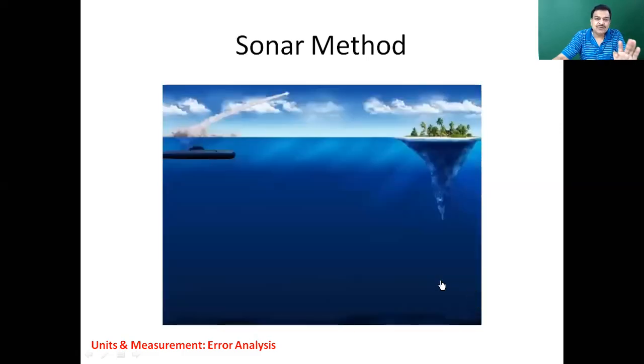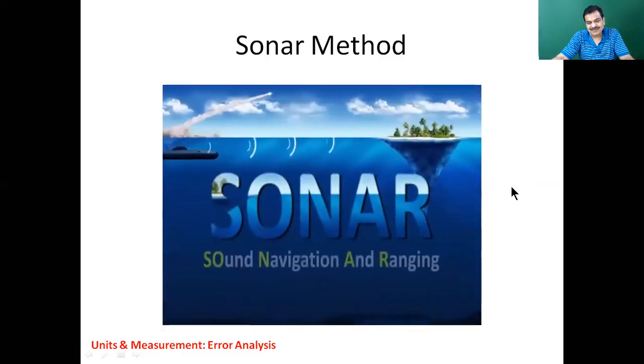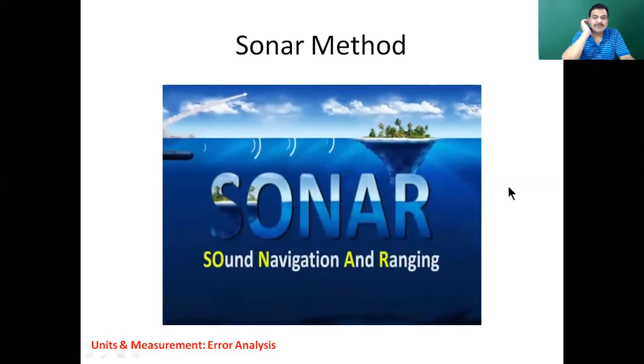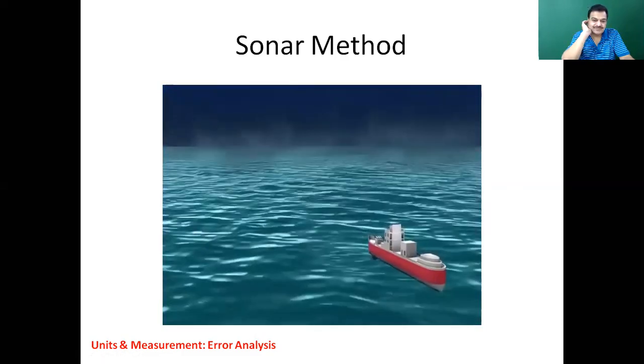Now let's work on the sonar. Sonar is sound navigation and ranging method. This is how the sonar works. Sonar is used to measure distances in water, in the liquid. So how does it work? Just listen. Sonar stands for sound navigation and ranging.